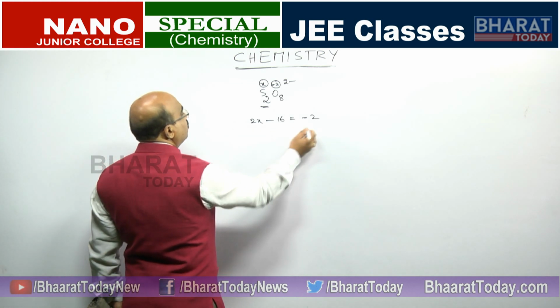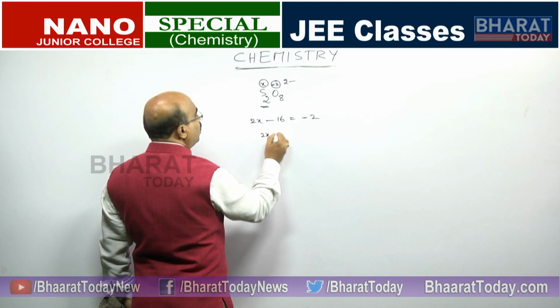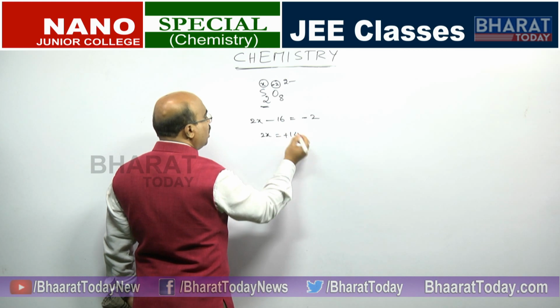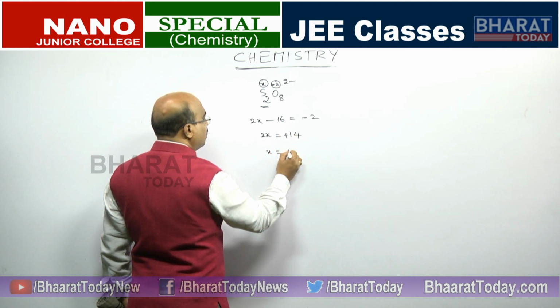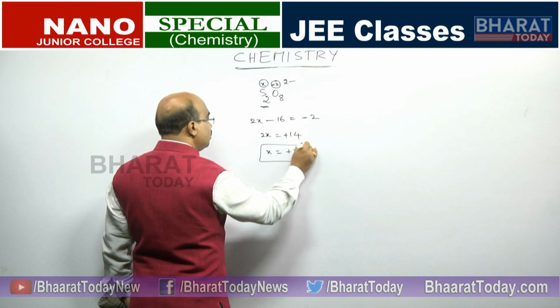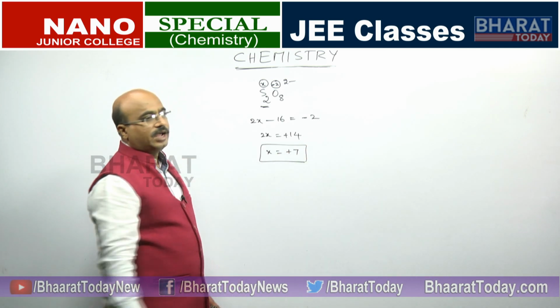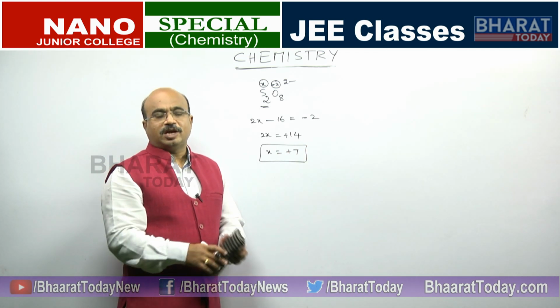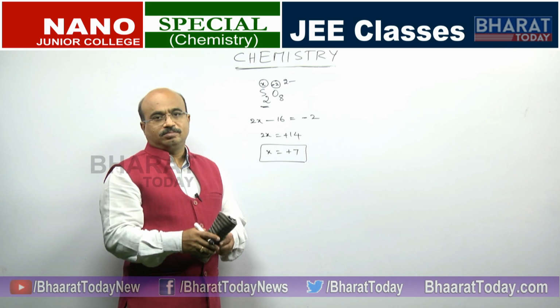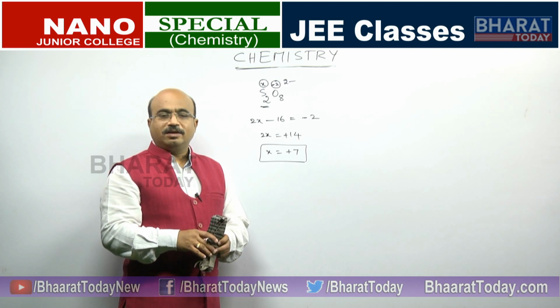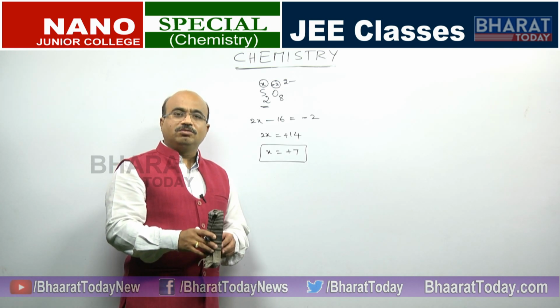Then what do you get? 2x is equal to plus 14, x is equal to plus 7. So we get sulfur as plus 7 as per the rules, but can sulfur have plus 7?